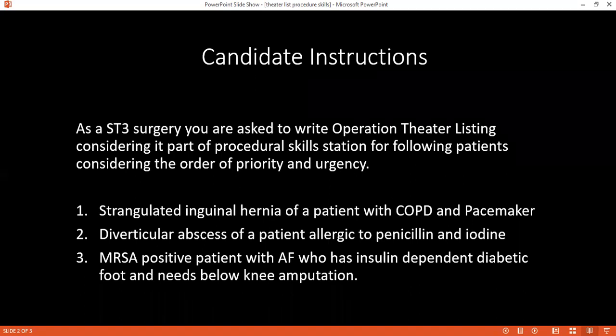And the second thing, the pacemaker: I will not use monopolar diathermy, I will use bipolar diathermy in this case, and priority 1 for this case. Can you classify it preoperatively and intraoperatively, and tell me if there could be any difference?